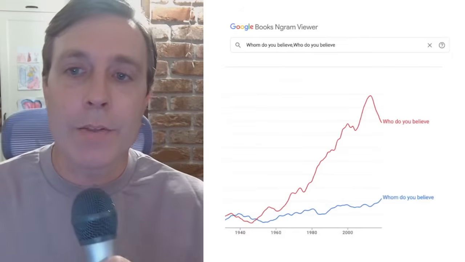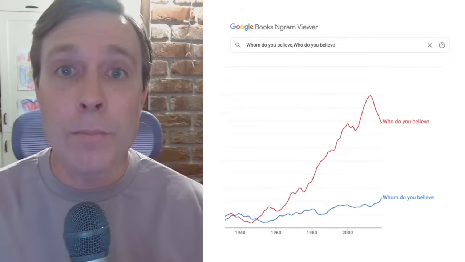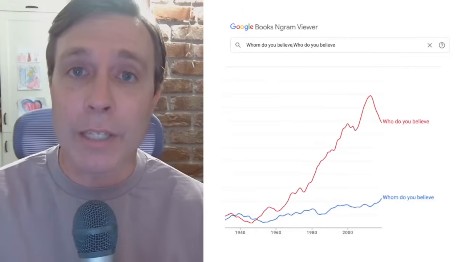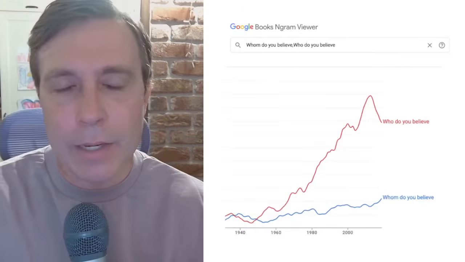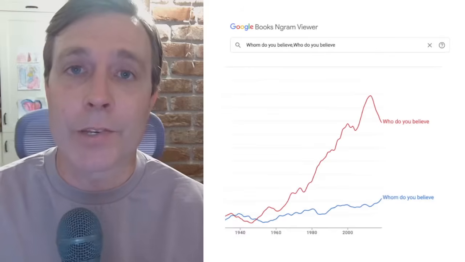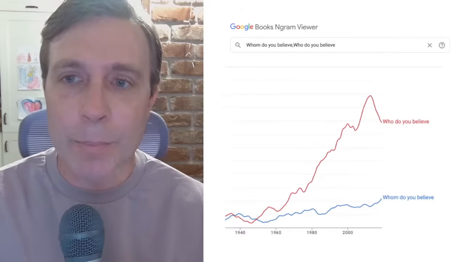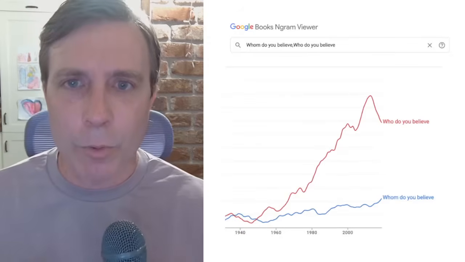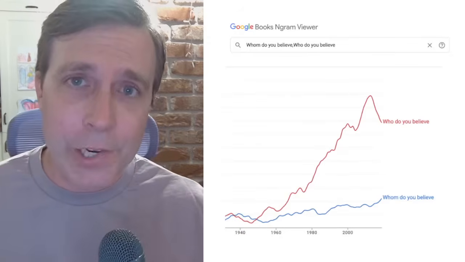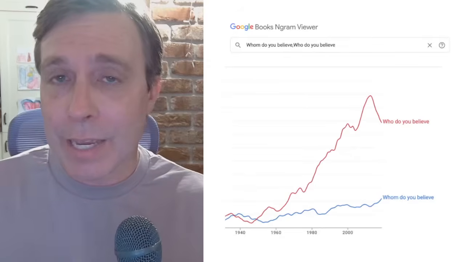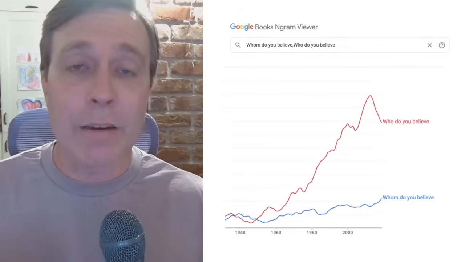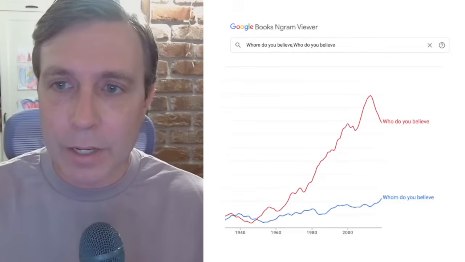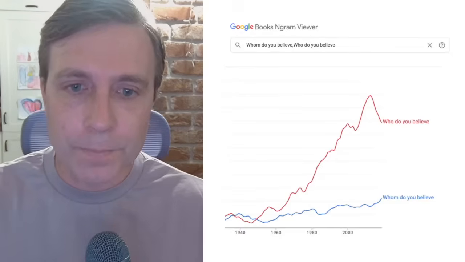And we compare these two, who do you believe versus whom do you believe, you're more likely going to come across who do you believe. And I think, especially if you're having a conversation, you're going to hear people say, who do you believe? Instead of whom do you believe? Whom sounds a little more formal. It even sounds a little more old-fashioned. But again, I would say it's still something that would be more common in British English than American English, even though I feel like in the UK, you're going to hear a lot of people say, who do you believe?